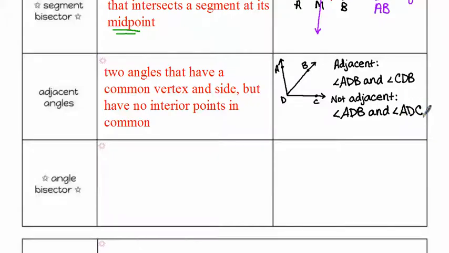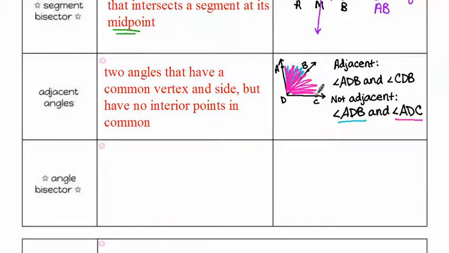Adjacent angles are going to come in pairs. So now let's color and see what happens. So ADB is that same angle we started with before, now in a blue. And now we'll look at ADC and we'll color that one in pink. Okay, so ADC goes from here all the way over there.